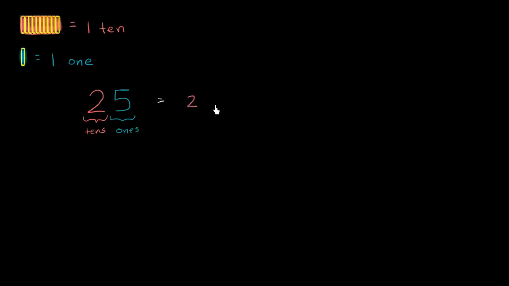This is equal to 2 tens plus 5 ones. Now, what are 2 tens? Well, if you could imagine a 10 being a block of 10 things. So you could imagine, if this is a 10 right over here, let me copy and paste this.